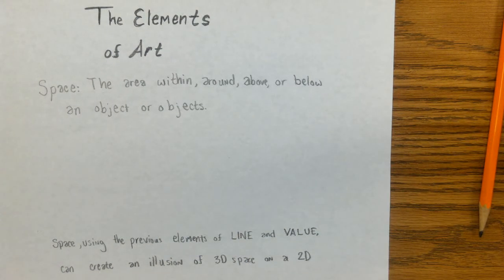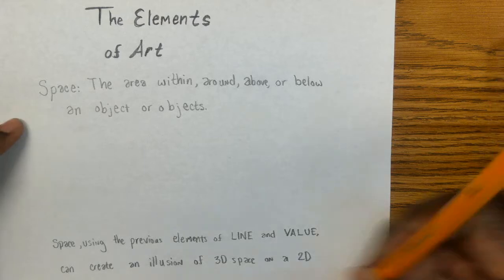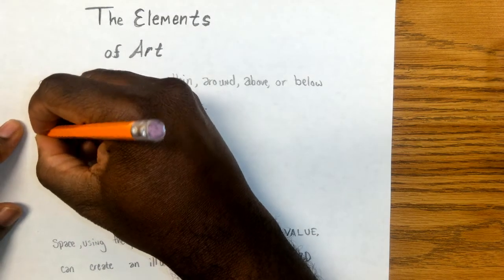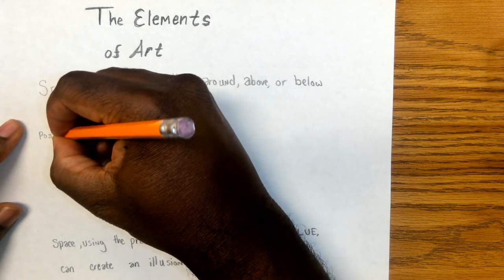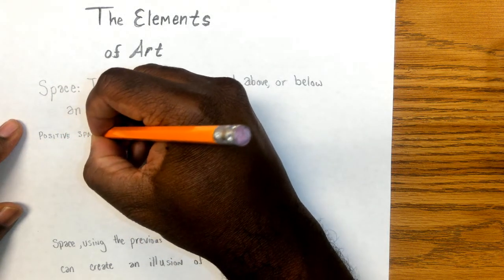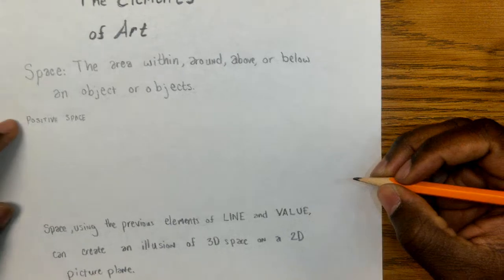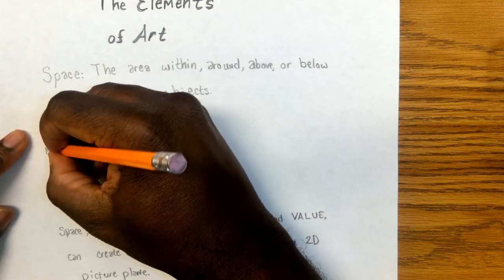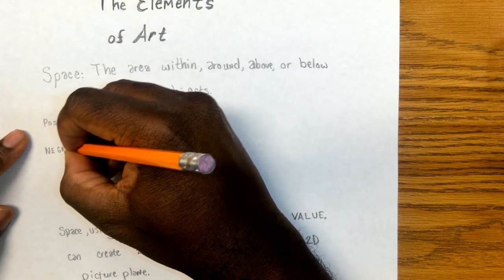So, that right there is split up into two different things. Positive space and negative space.